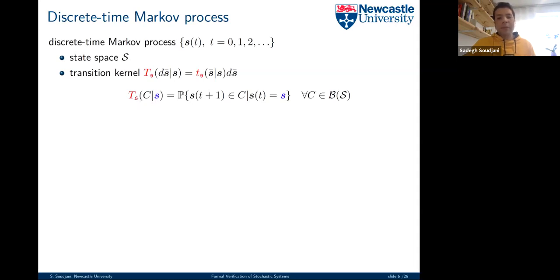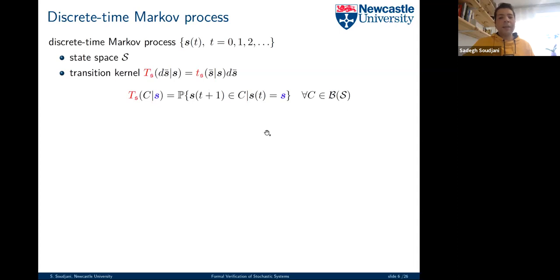One major difference between finite state and continuous state spaces is that we can't assign probability to all subsets of the state space. We need to define a sigma algebra, let's say a Borel sigma algebra, that gives us the set of subsets of the state space to which we can assign probability.